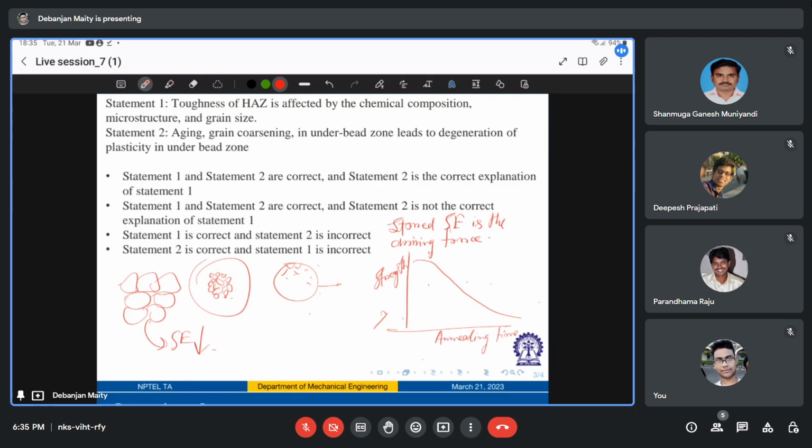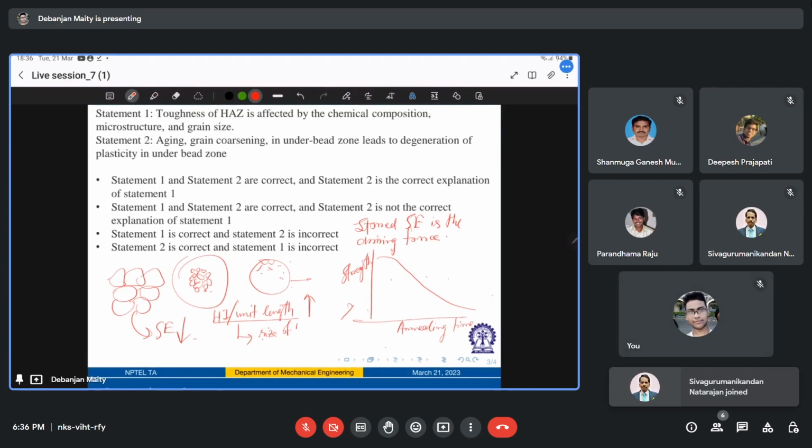So if you have more heat input per unit length, this increases the size of the heat affected zone and the retention time.